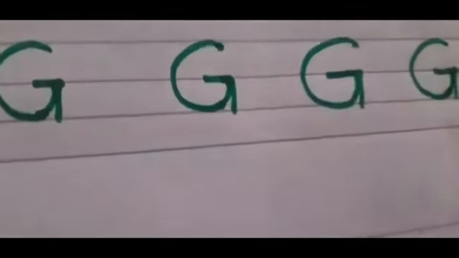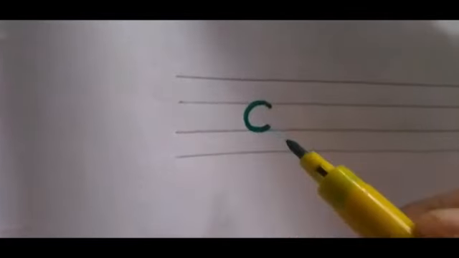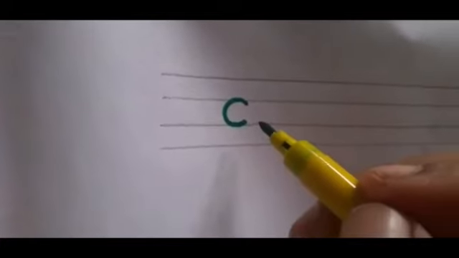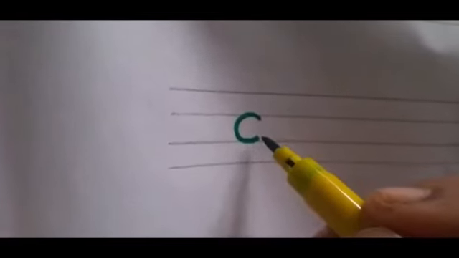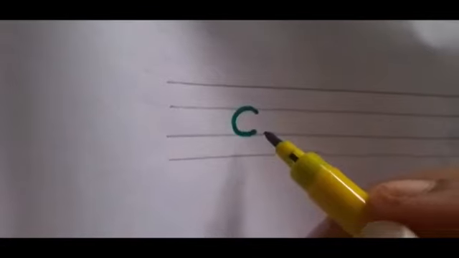Capital letter G. Then small letter G. Start from the middle and make a small C. Then go to the middle and then go to the middle again and draw a standing line.